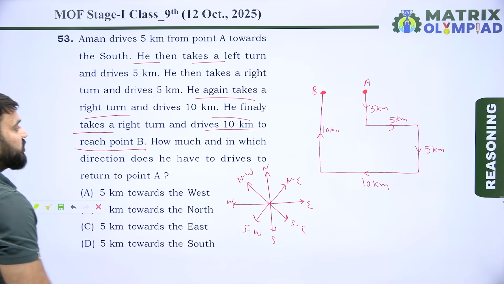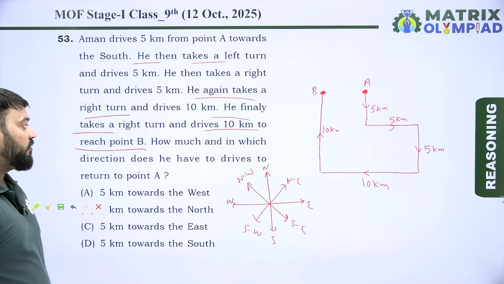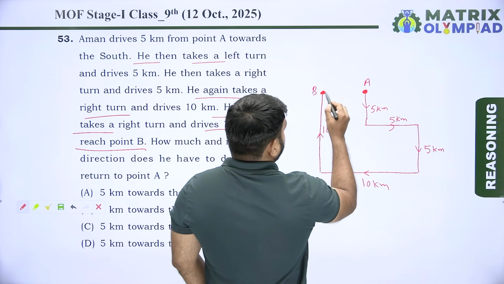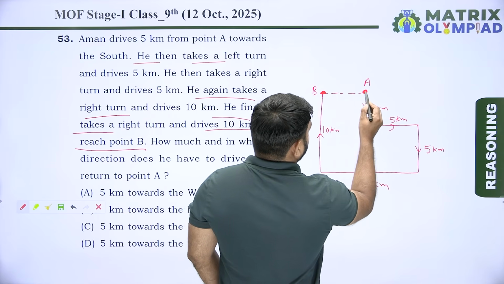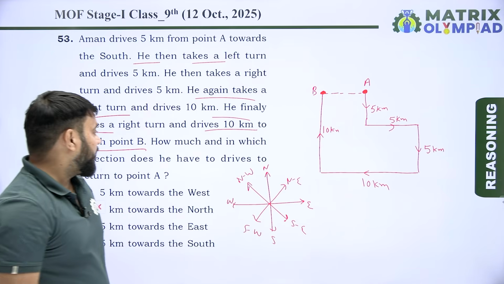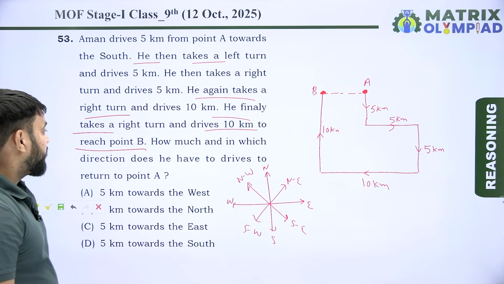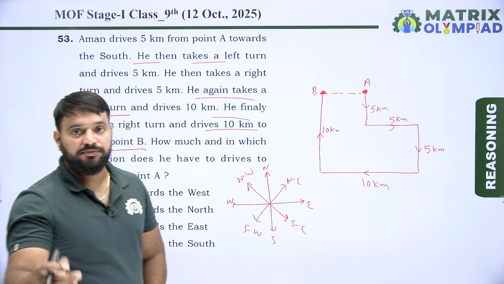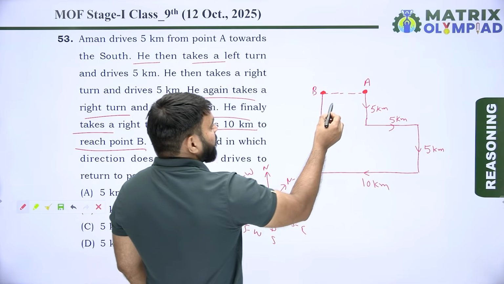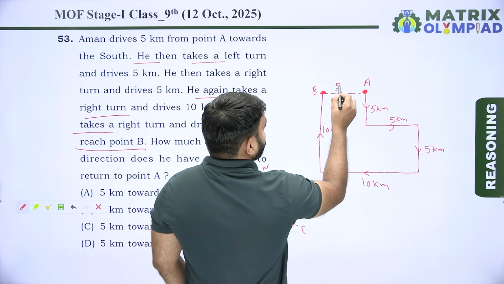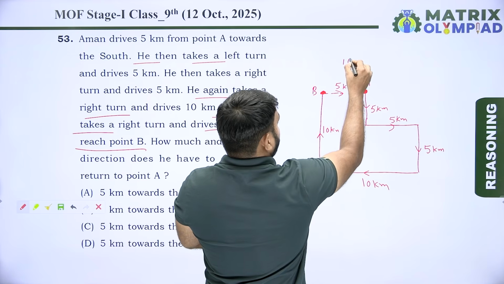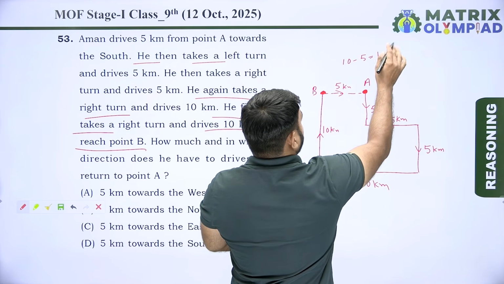Now, how much and in which direction does he have to drive to return to point A? Find the distance between A and B, and in which direction he has to drive to return to point A. Aman drives 5 kilometers, total 10 minus 5, 10 minus 5, it means 5 kilometers.